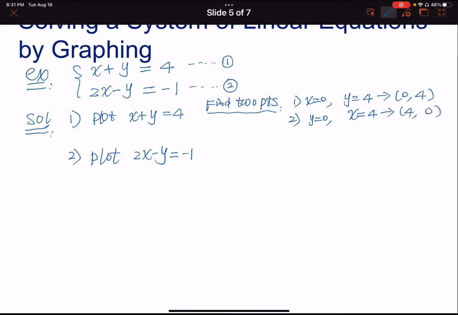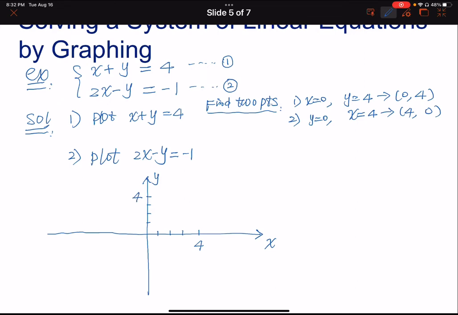So let's plot the x-axis and y-axis: x, y, 1, 2, 3, 4. That's 4, and 1, 2, 3, 4.